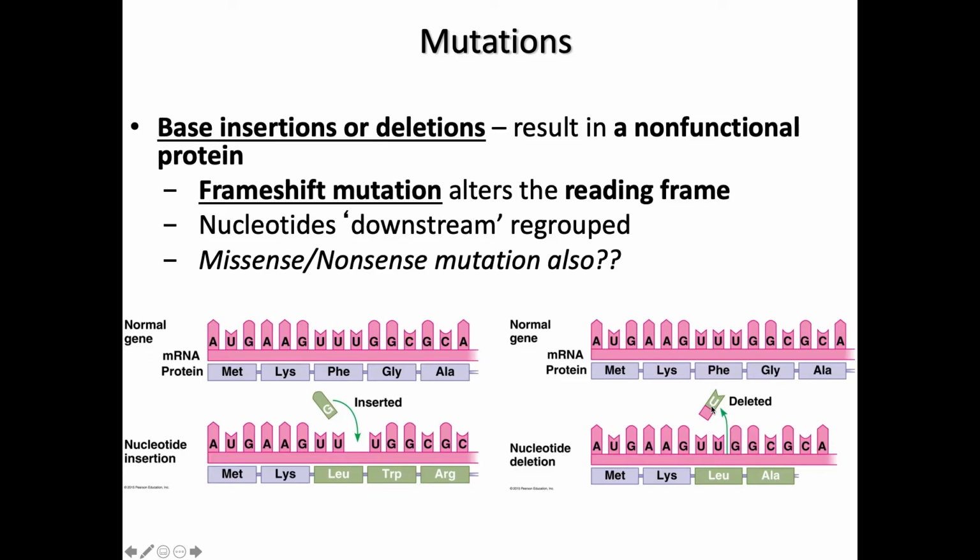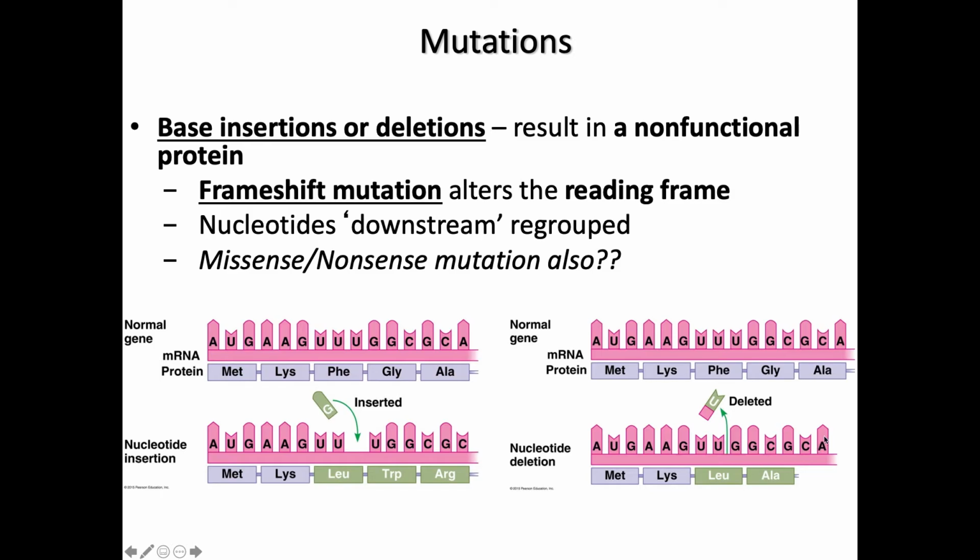So now when this U is taken out, the new codon is UUG, which codes for leucine. The next one is GCG, which will code for alanine. We were supposed to have phenylalanine, glycine.